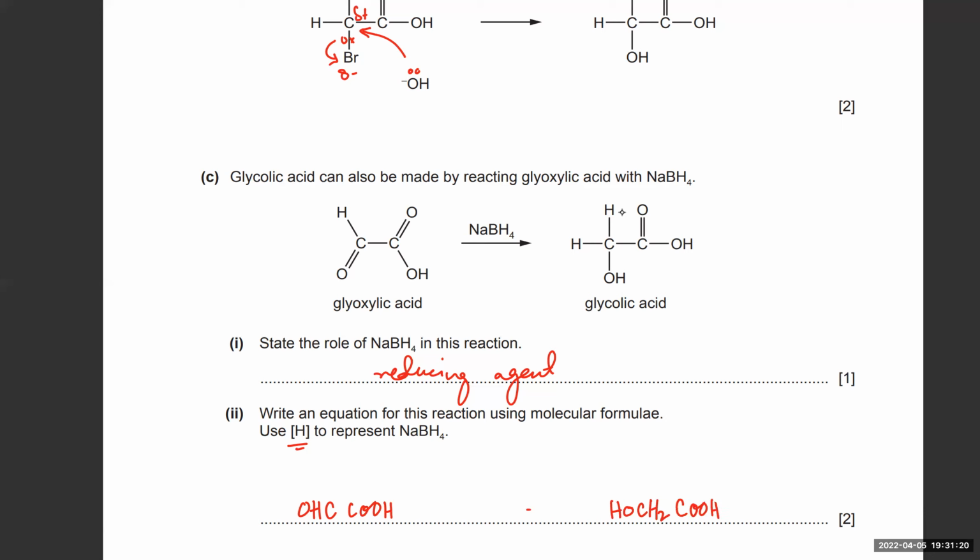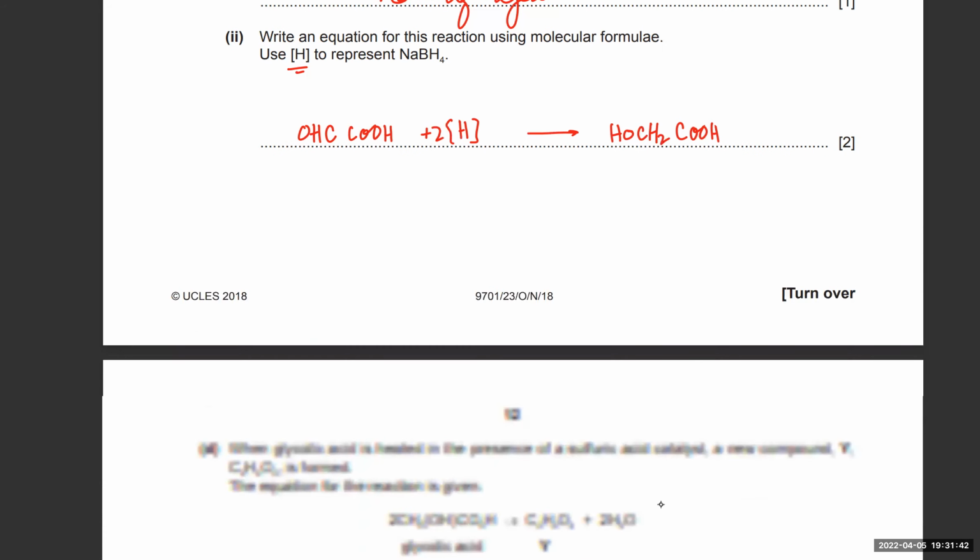So we're talking about reduction here. The reducing agent is represented by H. The amount of oxygen stays exactly the same. The only thing that's getting added is you had 2 hydrogens and now you have 4 of them. So it's going to be 2H. And that's about it.